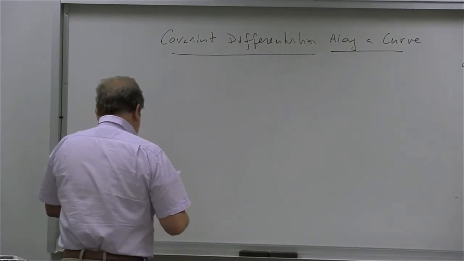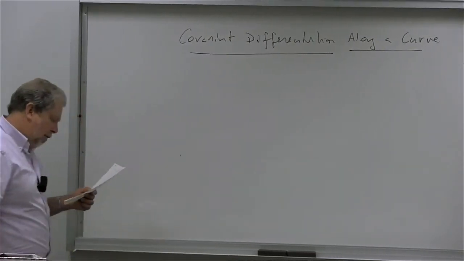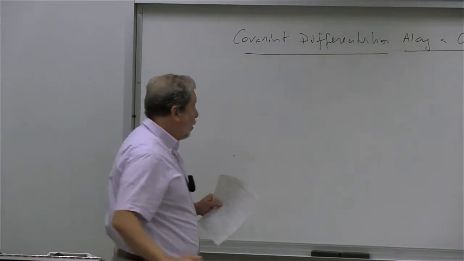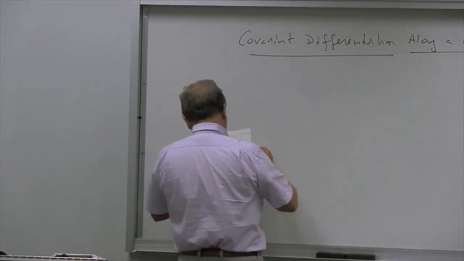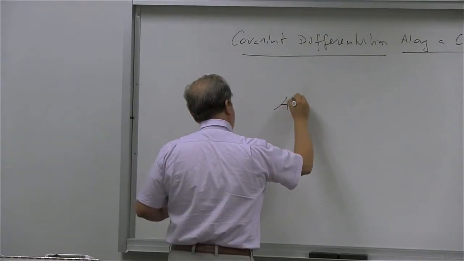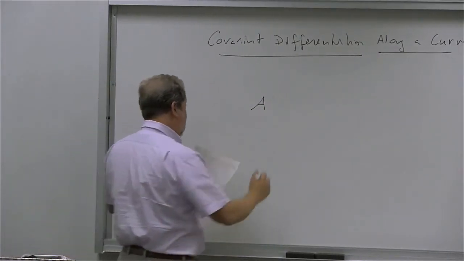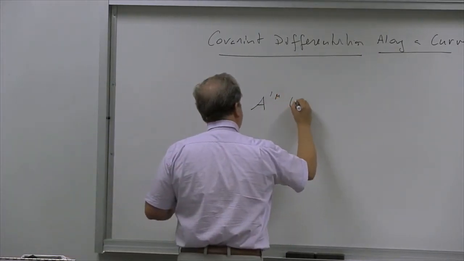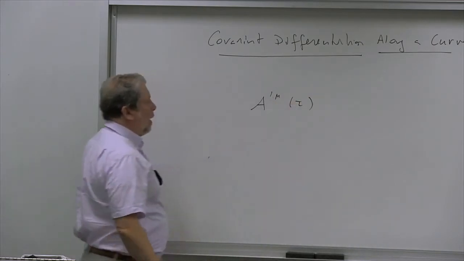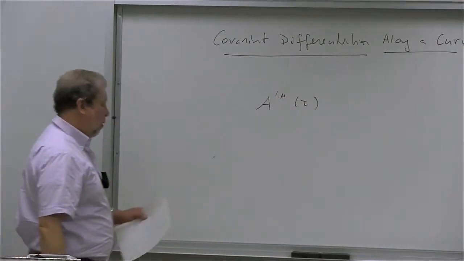So that means that we can define the differentiation along the curve. So that is done in this way. First of all, let me consider some 4 vector, and let's look at its transformation property. So we calculate A prime mu along that curve.